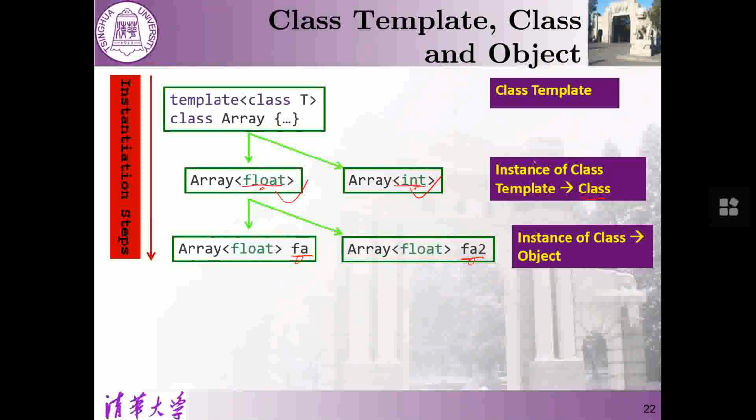Okay. So after learning this template, we just regard this as a very special way of writing a class. That should be easy to understand. So if we regard this as a class, then it is easy to understand.